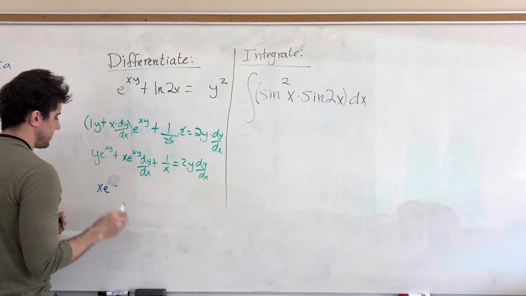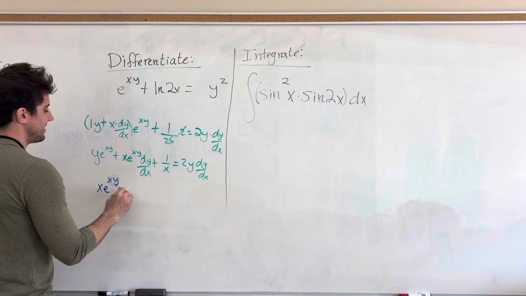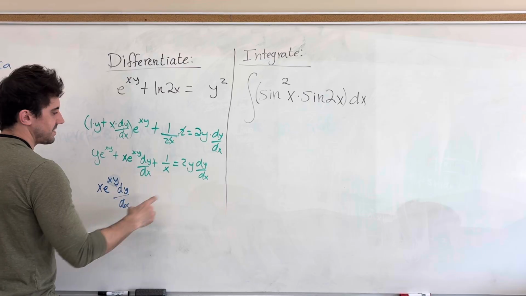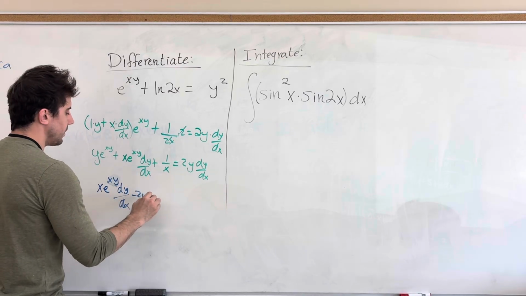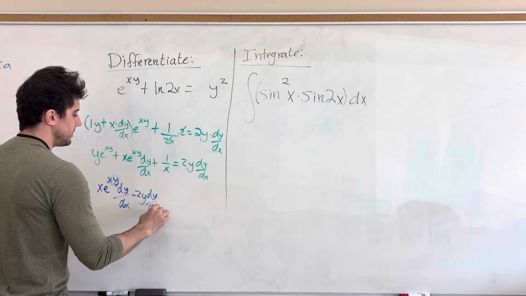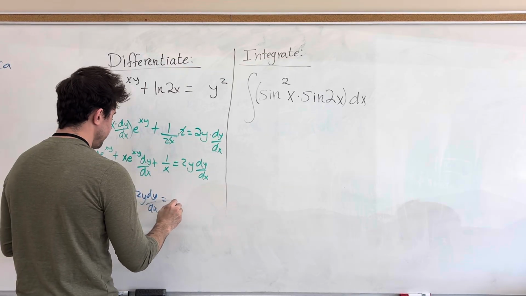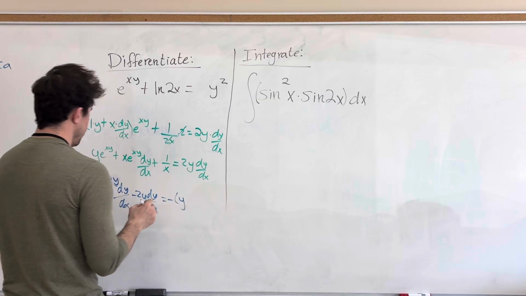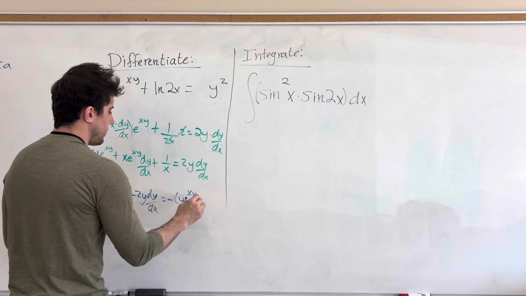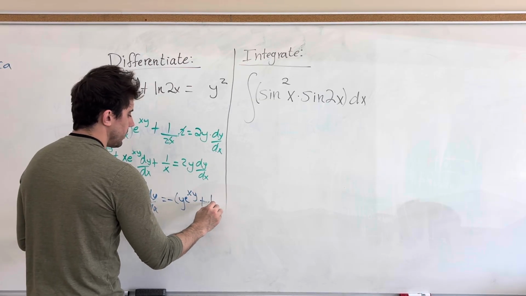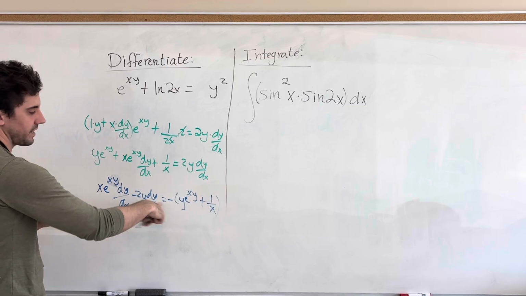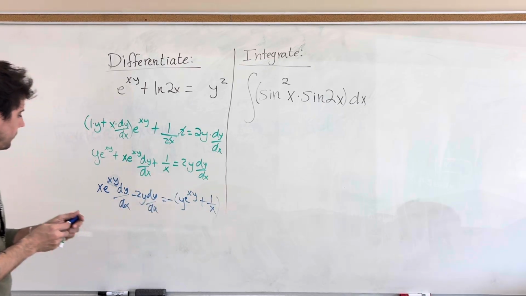Let's not let things get out of hand here. Let's subtract, so minus 2y dy dx. And then we'll put these two terms on the other side, so that'll be negative y e to the xy plus 1 over x, right? I'll just put a negative on all of it, keep things simple.